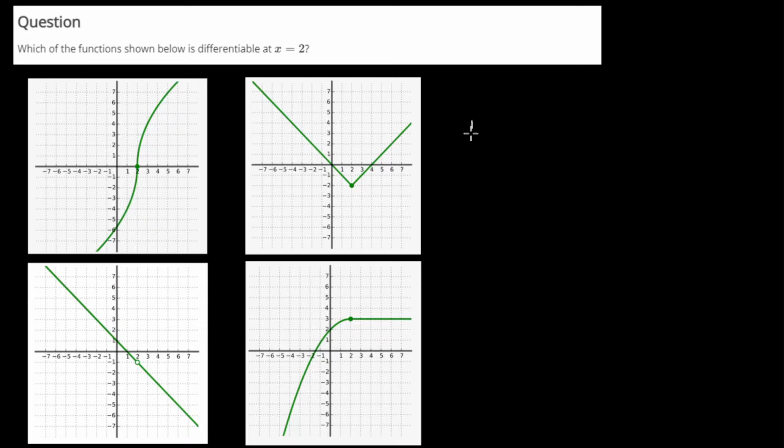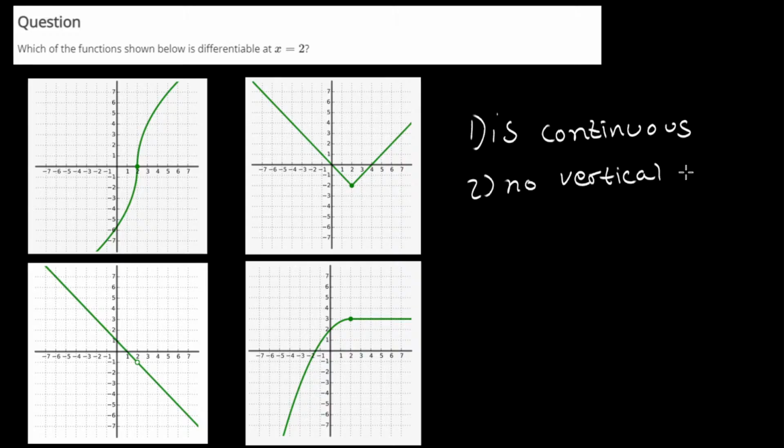Those three checks are: first is continuous. It has to be continuous at that point. The second, no vertical tangent.